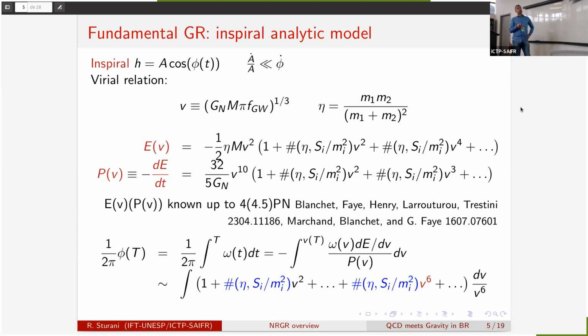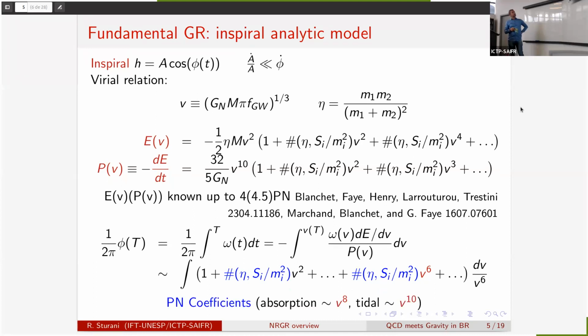Otherwise, you have v to some negative power integrated, which is supposed to give you a large error. So v is small, and unless you add corrections that make this v to a positive power, you will have a huge offset on phi. Of course, there are smart ways to resum the function and make it more precise, but this is really the broad picture. You really need high order terms. Otherwise, you make a big error in the phase, and then when you correlate with the data, you make a big error and you screw up parameter estimation.